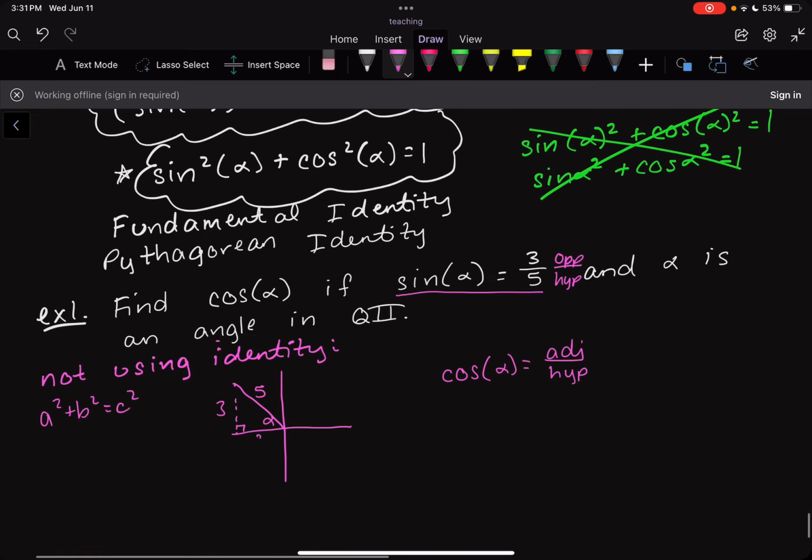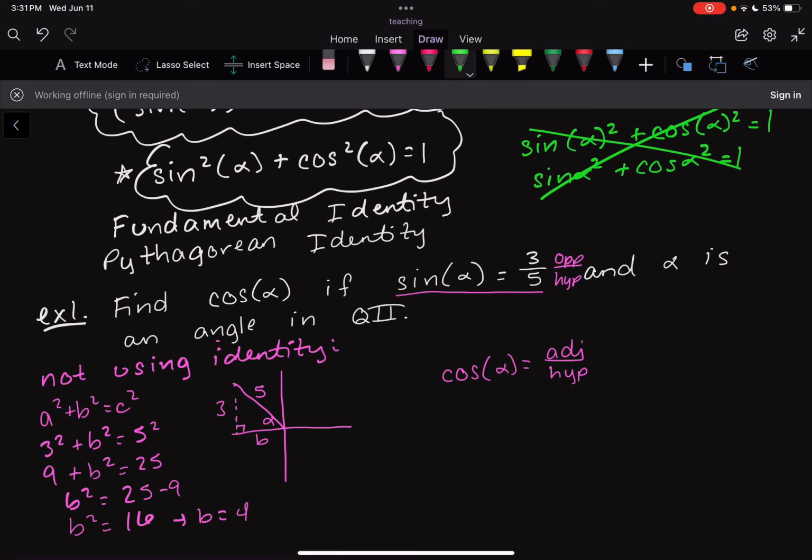I'll let it be b, whatever you want to call it. So it'd be 3 squared plus b squared equals 5 squared. So 9 plus b squared equals 25. b squared equals 25 minus 9. So b squared equals 16. So b would equal 4 because I got to take the square root.